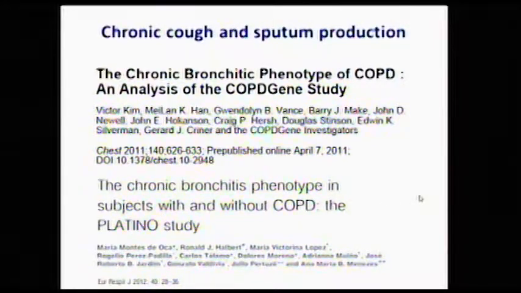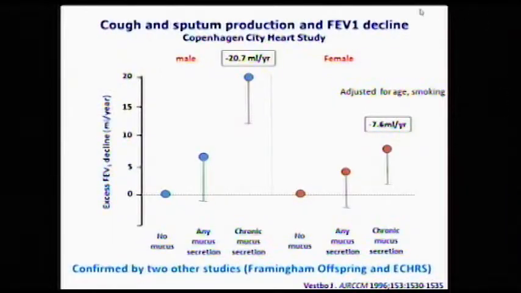So is chronic bronchitis a phenotype? We have this data from the Copenhagen City Heart Study, which was published now 15 years ago. In this paper, they had a large cohort of men and women with COPD, and they measured excess FEV1 decline per year in men and in women, according to the presence or the absence of mucus hypersecretion.